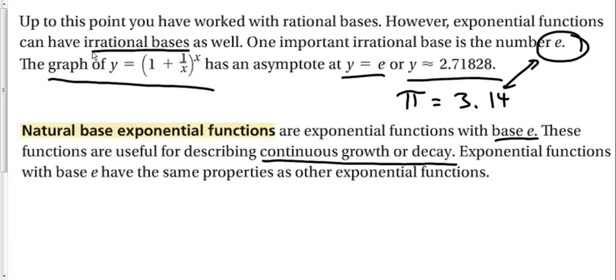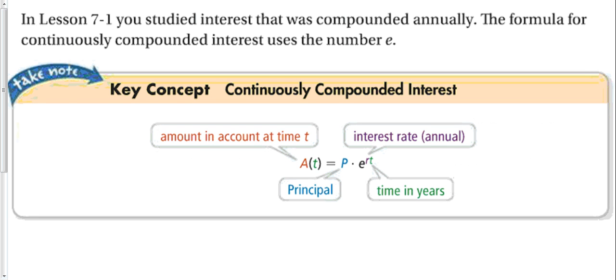The most useful function we can use for this is the continuously compounded interest function. Last lesson, 7-1, we did annual interest, which was this function: A of t equals principal times 1 plus the rate to the t power.